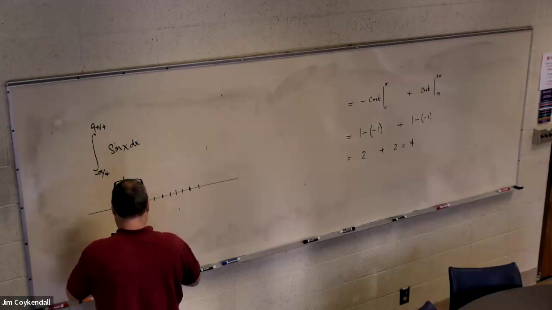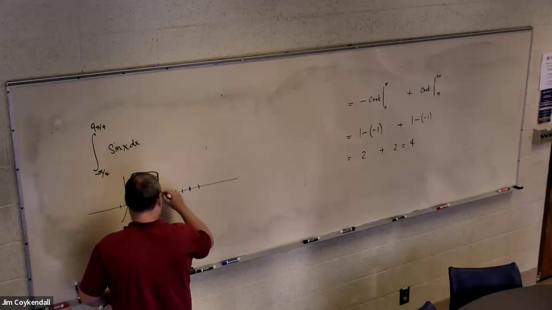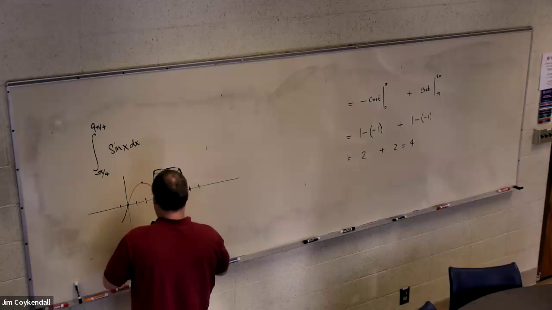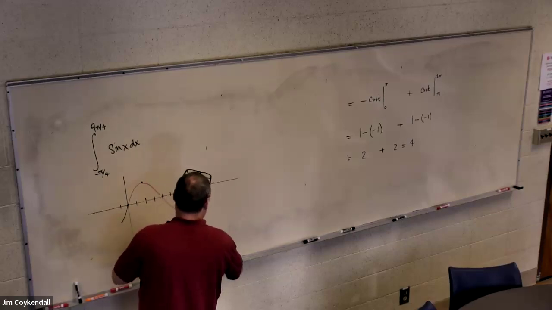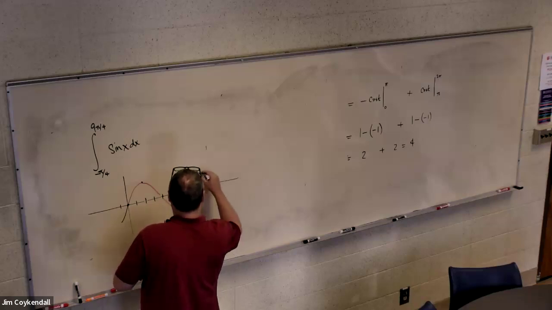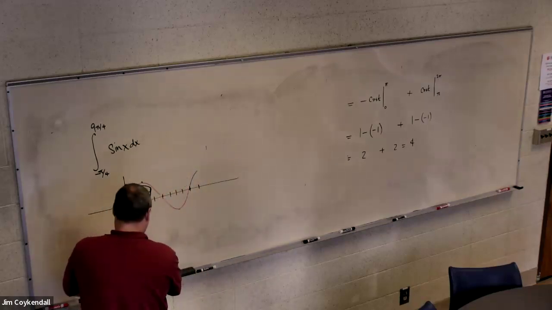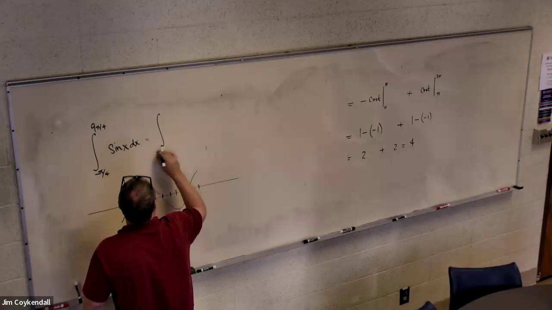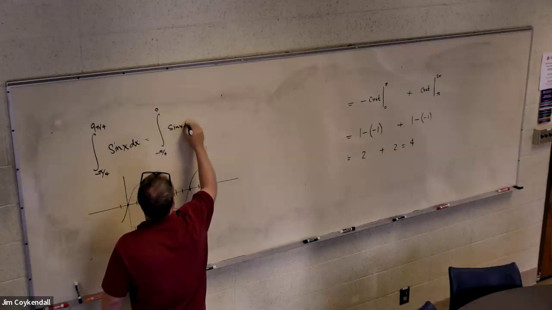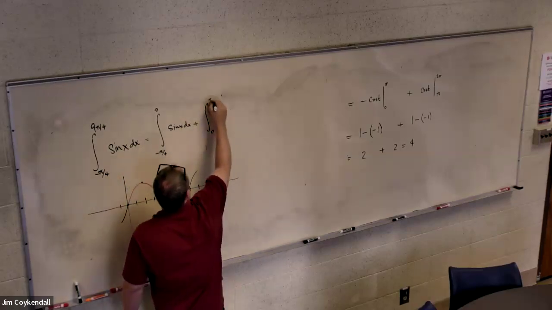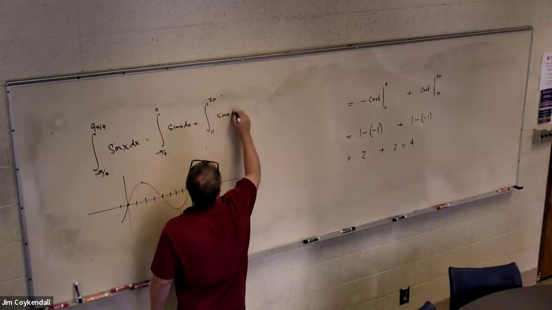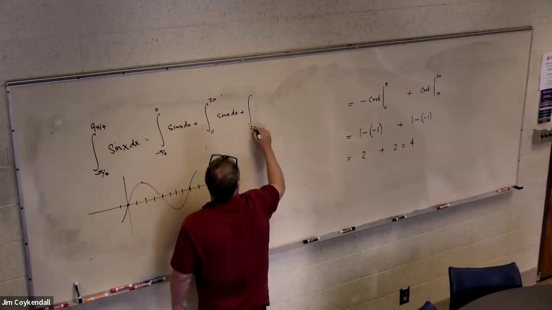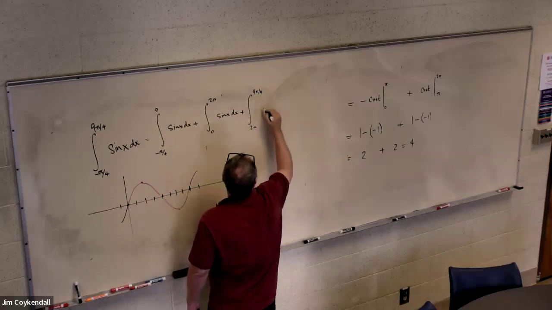And then this can be minus pi over 4, 0, sine x of x. So from 0 to pi, 2 pi, 9 pi over 4.